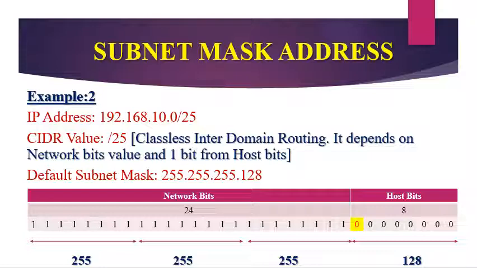You count 2 power 0, 2 power 1, 2 power 2, 2 power 3, 2 power 4, 2 power 5, 2 power 6 and 2 power 7. So 2 power 7 is 128. So you have to mention 128 in the last octet. So according to this example, for IP address 192.168.10.0/25, what is the subnet mask?